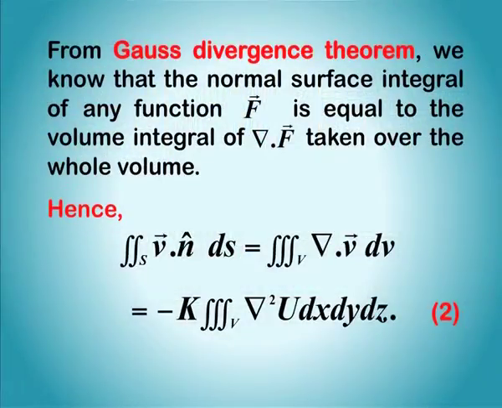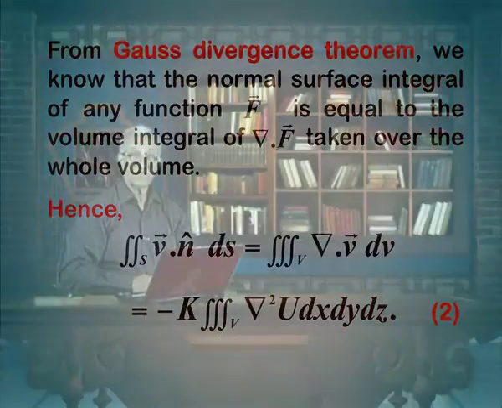From Gauss's divergence theorem, there are a few theorems in vector calculus of which we are all aware. The fundamental is Gauss divergence theorem, then we have Stokes theorem, then line integrals, and volume integrals, etc., which we will be using here.